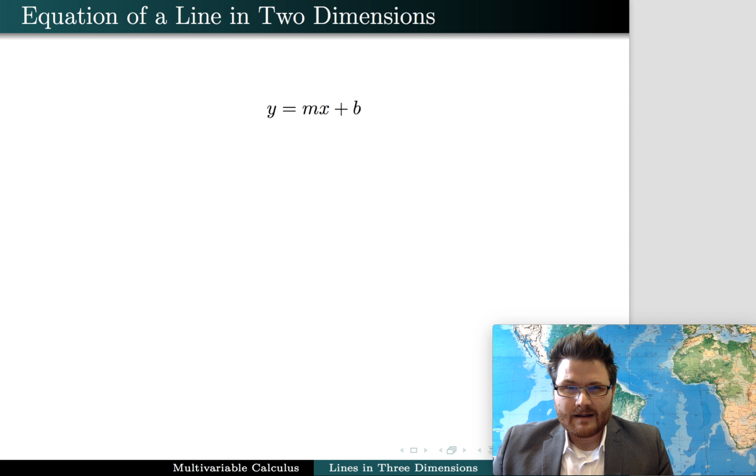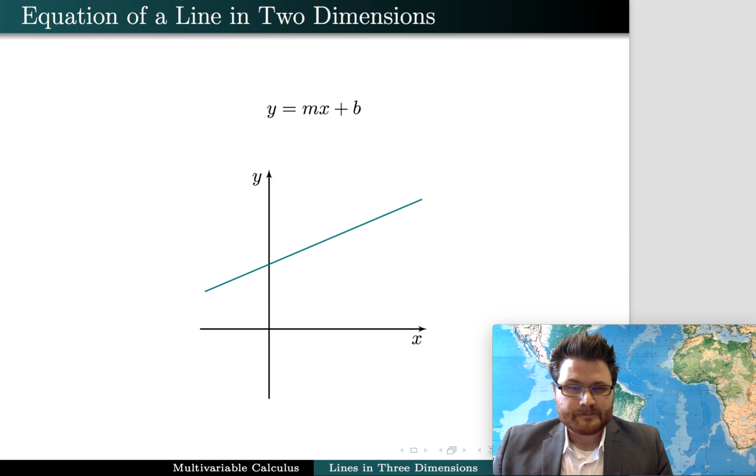But to do that, I'd still like to start with ways we can think about how we describe lines in 2 dimensions, in the plane. If we look at the slope-intercept form of the equation for a line, one way we can think about this is that the constant b tells us enough information to know where the y-intercept for the line is.